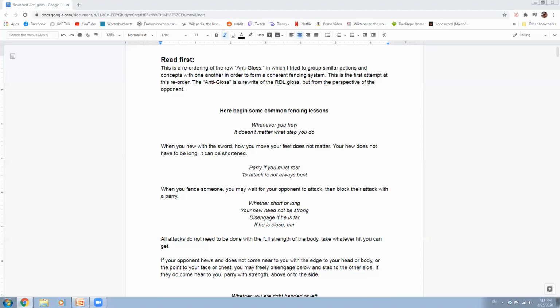So we need to understand what the opponent's doing, put ourselves in their shoes, understand why they're doing what they're doing, and only then can we really understand why the techniques are useful or how we should use them. And also put it into the context of the general strategy of the system, which is given to us in the precious little bit of theory that we're given throughout the gloss.